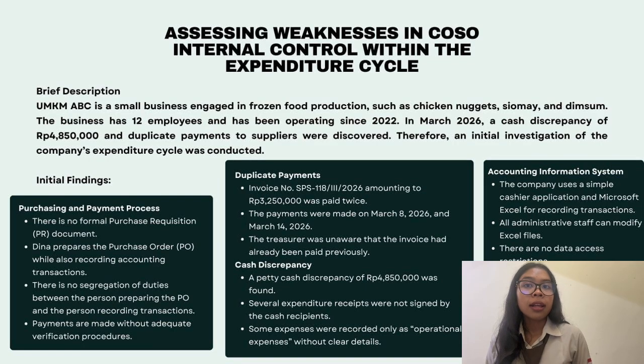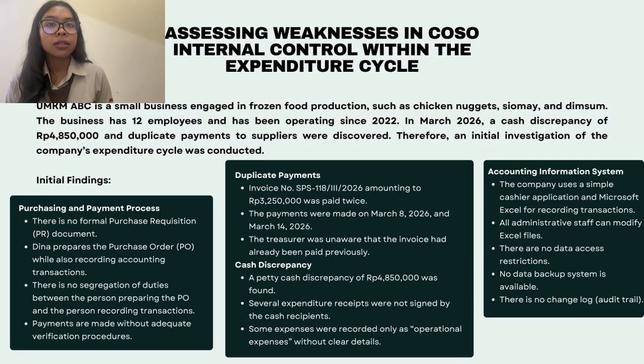In general, these weaknesses center on the lack of clear segregation of duties, lack of standardization of operational documents, and a poor payment verification system. If left unaddressed, this weak governance poses further risks ranging from budget inefficiencies and bad accounting records to the potential for financial fraud.